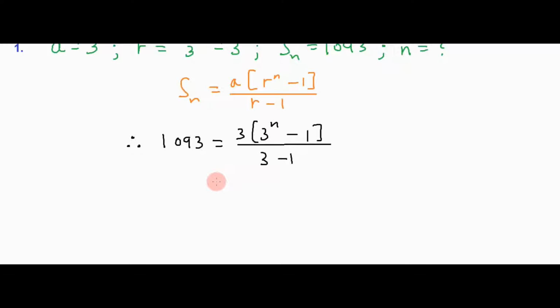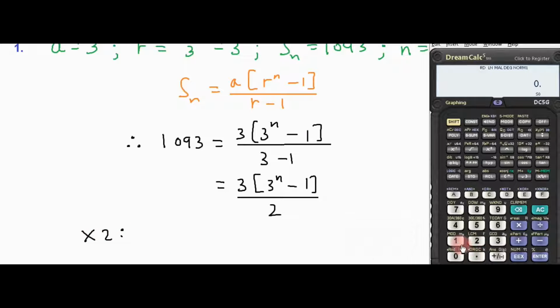We can simplify the right-hand side a little bit. Now, we need to find n in this equation. So first we can get rid of the 2 here, or the fraction, by multiplying both sides by 2.